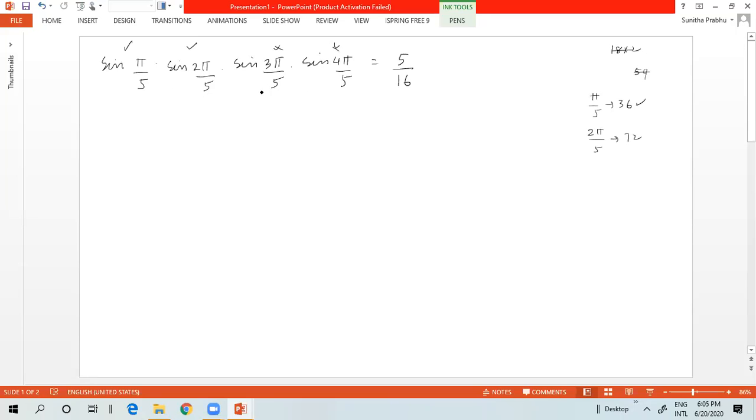So what we will do now is, as our friends are pointing out, we have to convert this into multiples of 18, right? So tell me how you can write 3 pi by 5. 3 pi by 10 is 54. I'm not sure, sir.